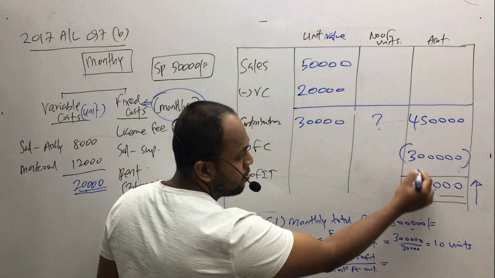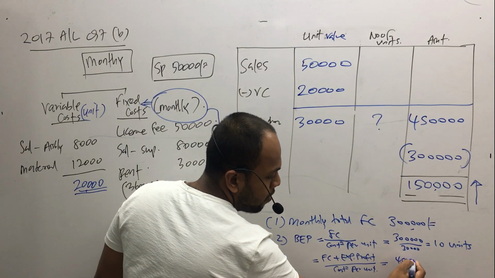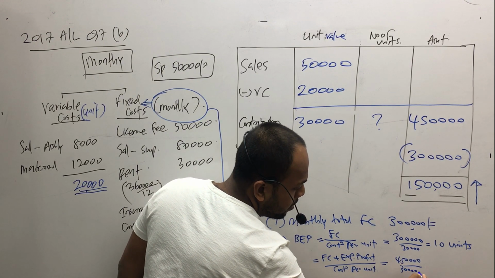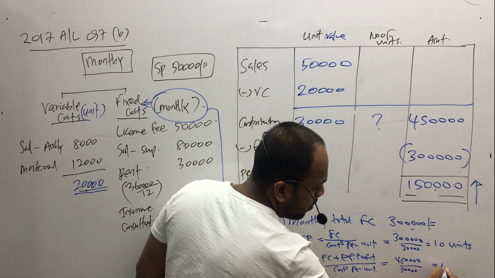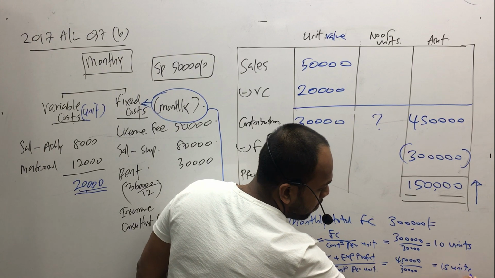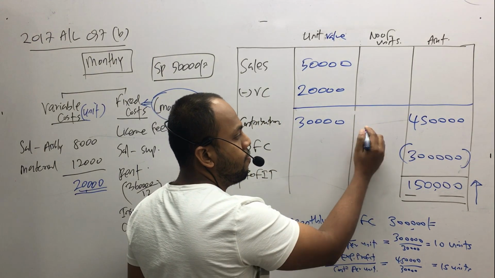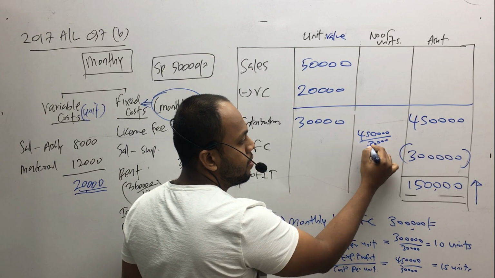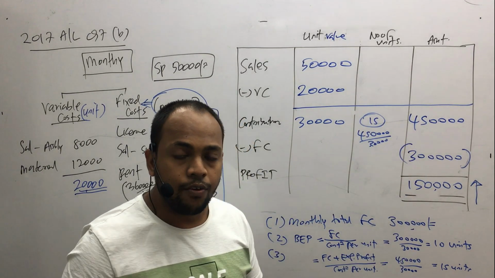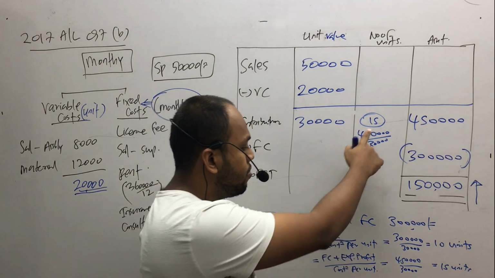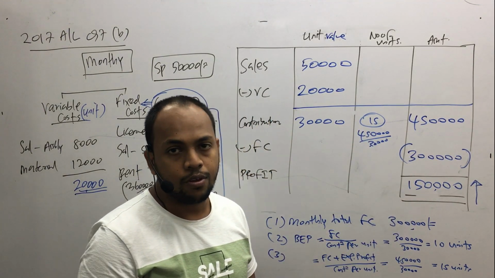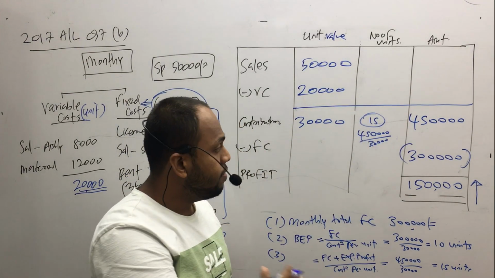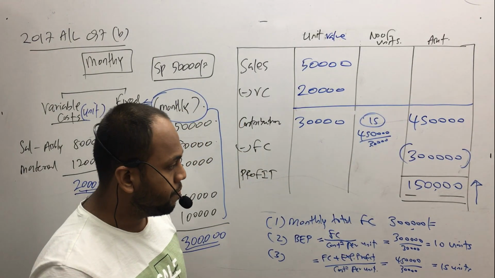So 300,000 plus 150,000 is 450,000, divided by 30,000, which gives 15 units. So we need 15 units to earn 150,000 rupees as profit. I'm using the same table to answer all the questions.